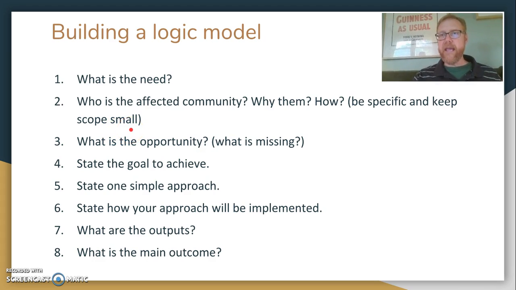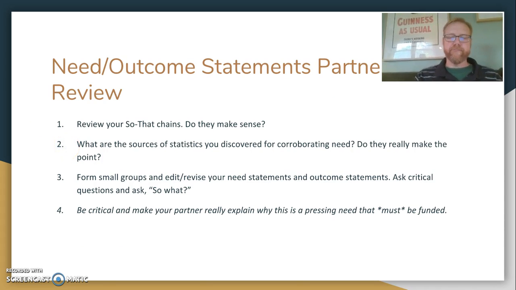So you want to be able to say, these are the people who absolutely need this project or program, and you have to fund this, oh great and mighty funder, because they need you so much. And this affected community, this target population, this group that has a particular need is right here waiting for you. You want to talk about that.